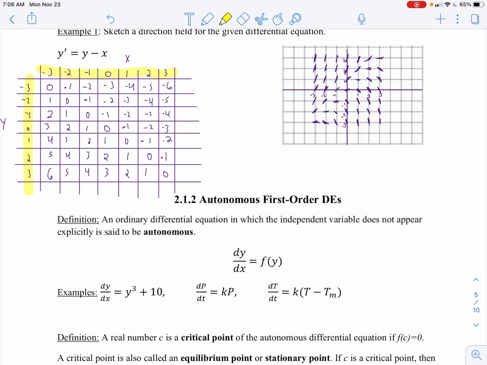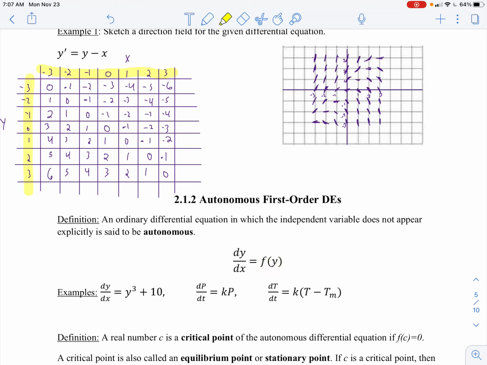So when we have a differential equation dy over dx, the function on the right-hand side is going to be in terms of the, I'm sorry, not the independent, but the dependent variable. All of these are in terms of y. The independent variable isn't going to appear on the right-hand side of our differential equation.